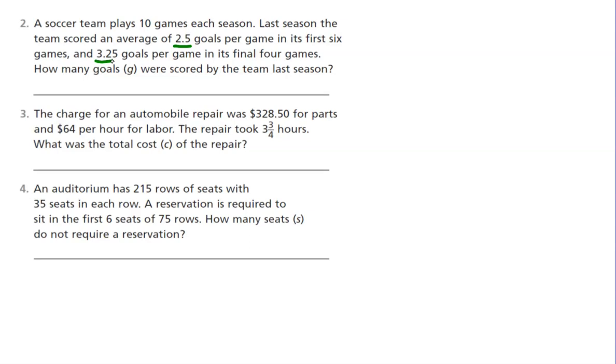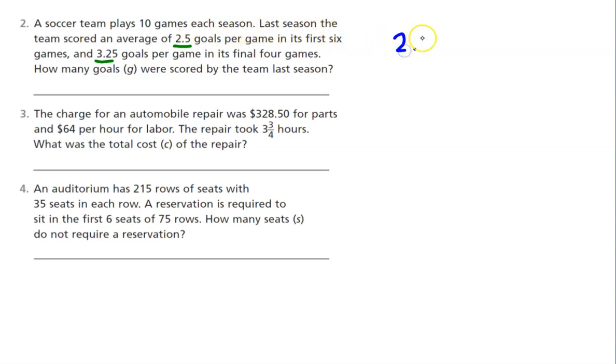So let's try to get an equation going here. Let's kind of look to see what it is we're doing. It looks to me like we're going to have to do 2 problems, but then sort of add them together. So let's walk ourselves through the problem one more time. It says a soccer team played 10 games each season, and last season the team scored an average of 2.5 goals for its first 6 games.